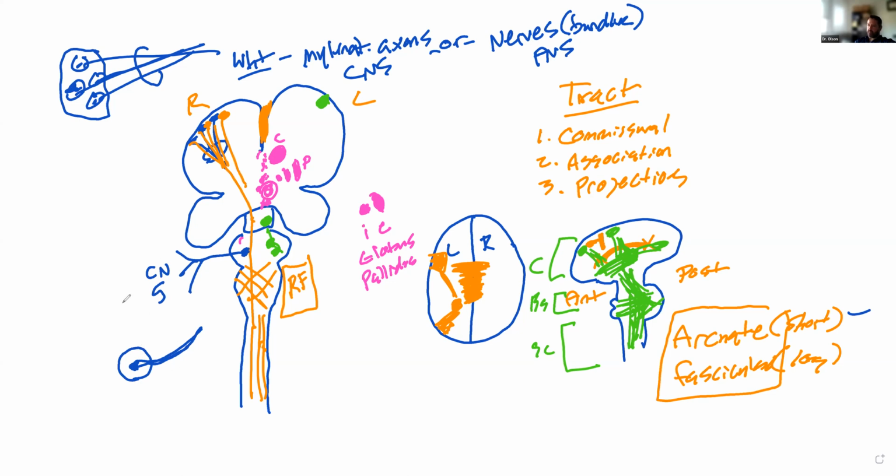And we would say that a nuclei is a collection of cell bodies. So let's just do a few more generic ones around it, right? So kind of like our gray matter, right? So we would say that a nuclei is a collection of gray matter, but it is surrounded by white matter. And the white matter, of course, is the axons, right?